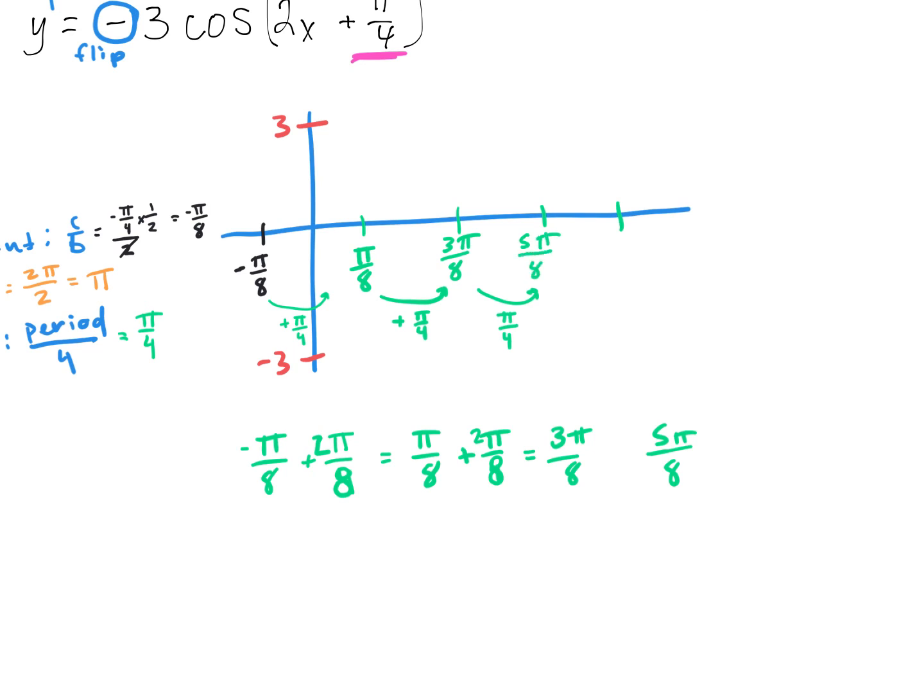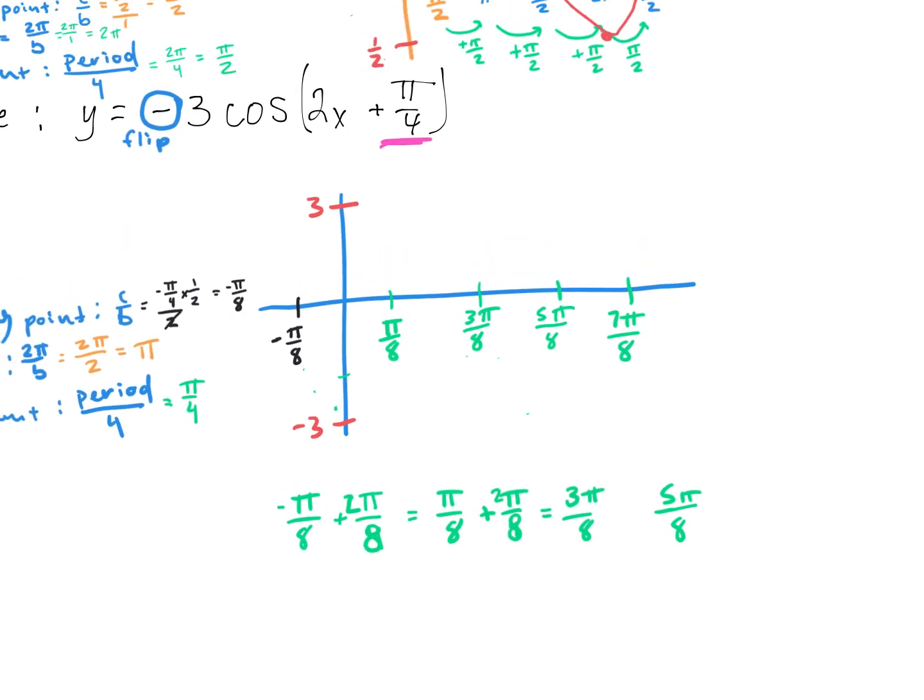Okay, and then 5 pi over 8 plus pi over 4 would be 7 pi over 8. So those are increments. So you just keep adding pi over 4 to get each one.